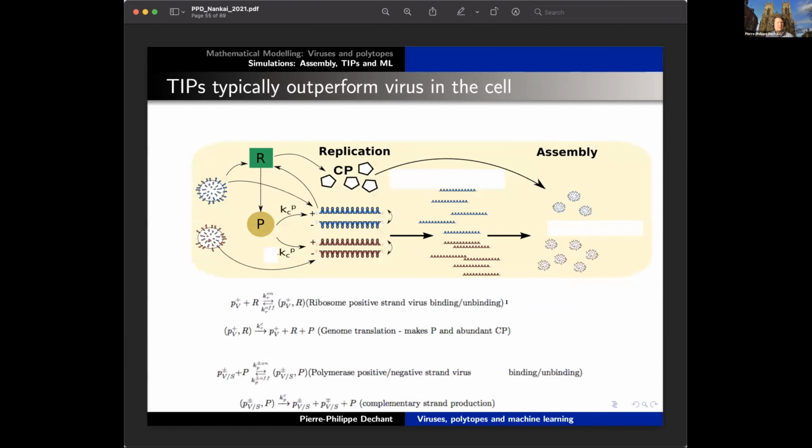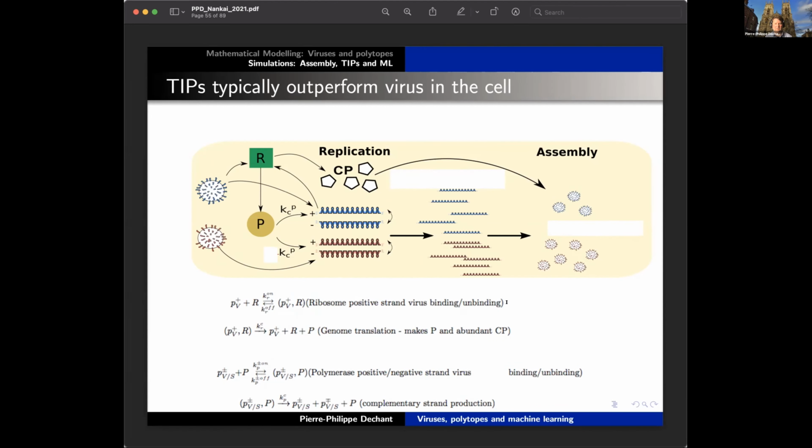So just to show, in the cell, you can make some very complicated models of what's going on with the ribosomes making protein, with the polymerase making these virus sequences, but also these therapeutic interfering RNAs. They compete for polymerase, they compete for assembly, but typically the therapeutic interfering particles outcompete the native virus.